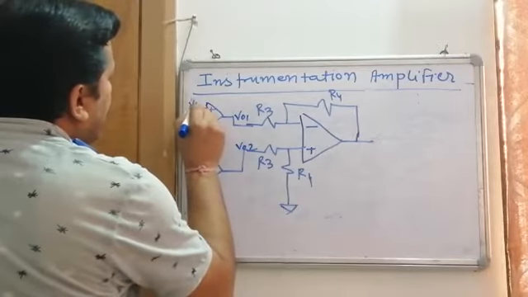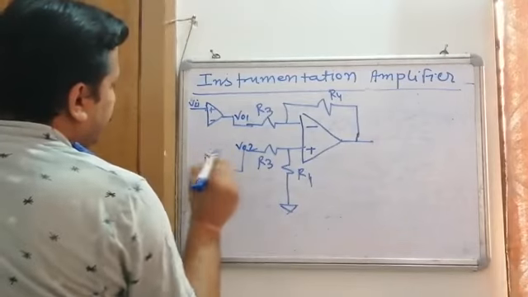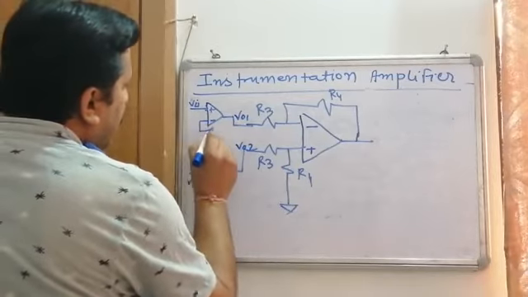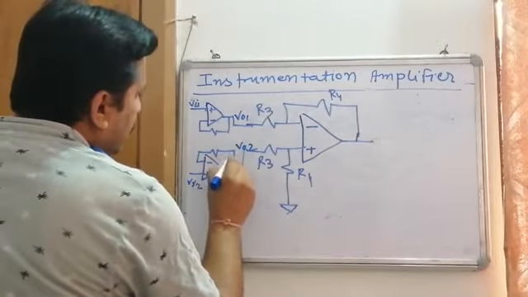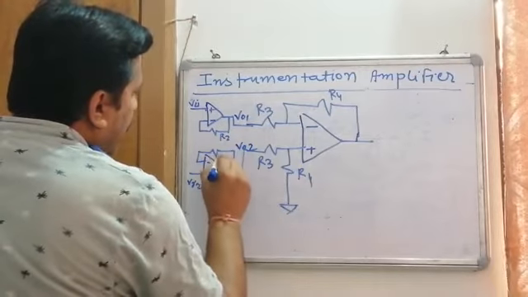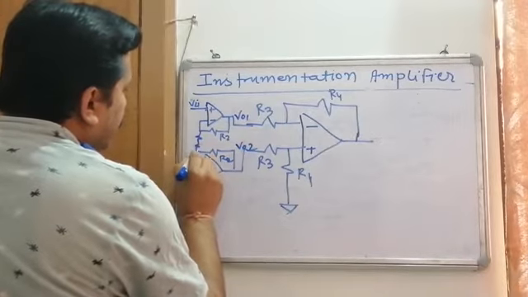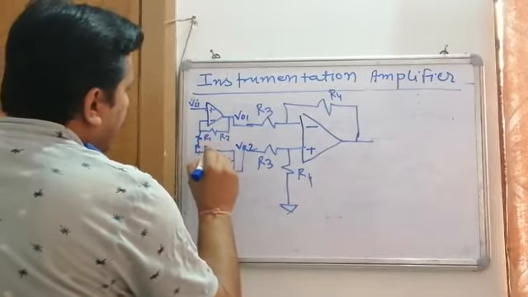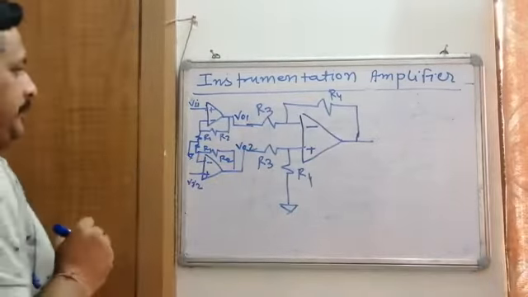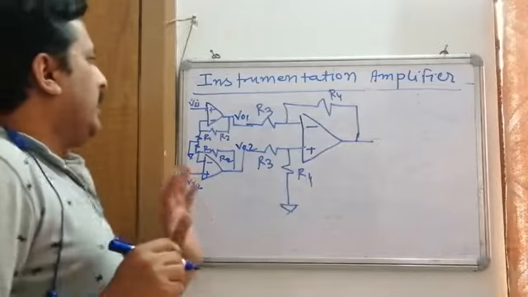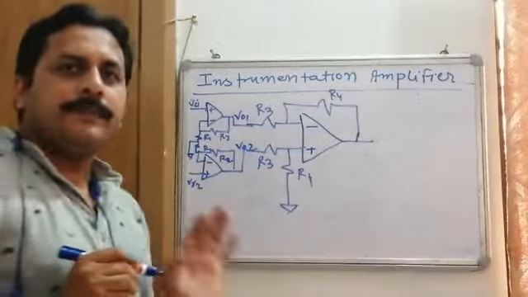Here we have applied input Vi1 and this input is Vi2. Here we have feedback resistances. This is R2 and this is R2, and this is R1 and this is R1. Here we have mid ground. So look here, this is the circuit diagram of the instrumentation amplifier.